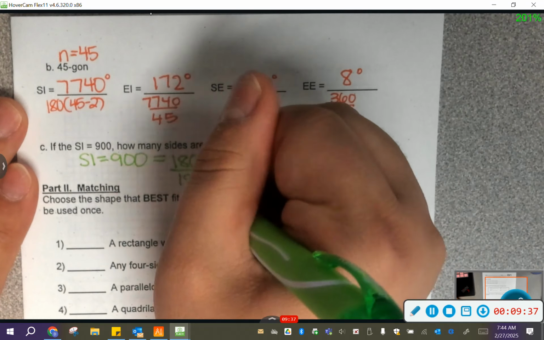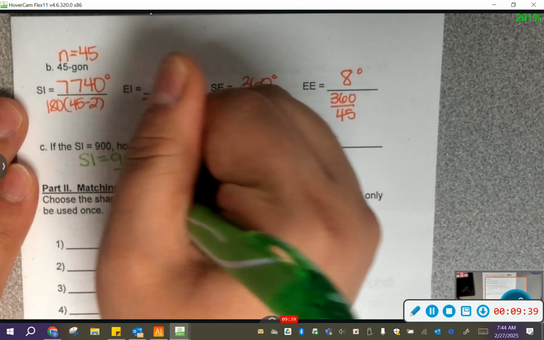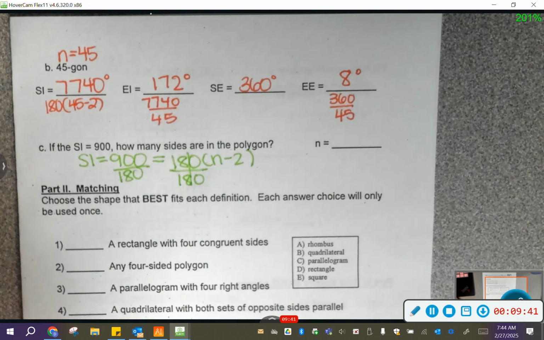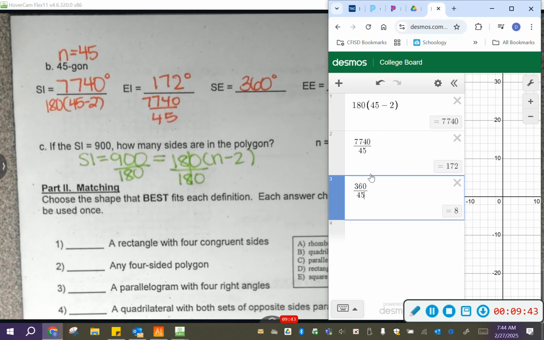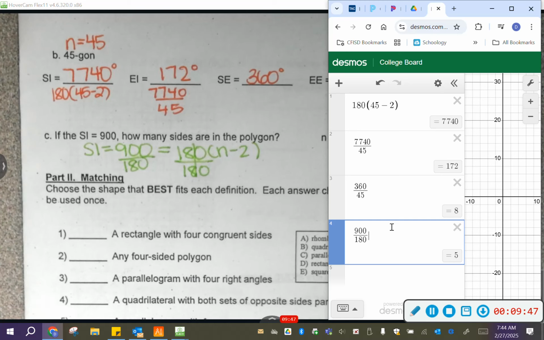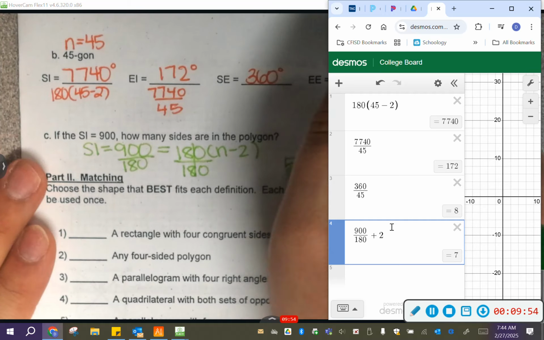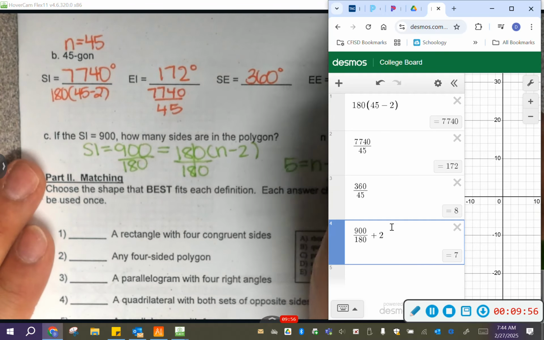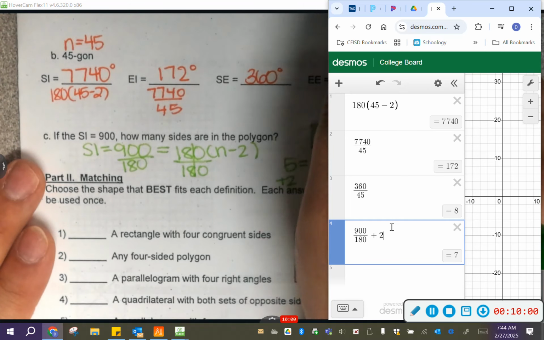I'm going to divide by 180 and add 2. So I'm going to do 900 divided by 180 plus 2. You divide by 180, you do get 5. 5 equals n minus 2, and then add 2. What's 5 plus 2? 7. So that is my answer.